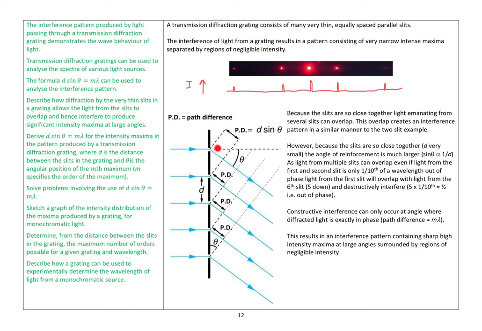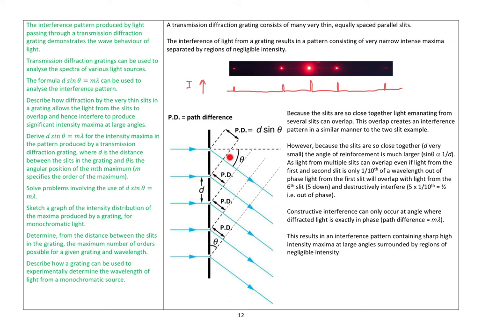So the light that's coming through this one could interfere with the light coming through this one, or the light coming through this one might interfere with one right down here as well, because they are so close together compared to the width of the beam. The path difference we can work out here: this light's all travelling away.